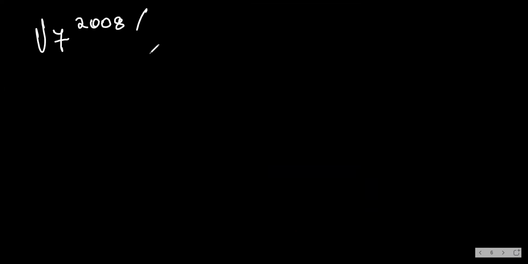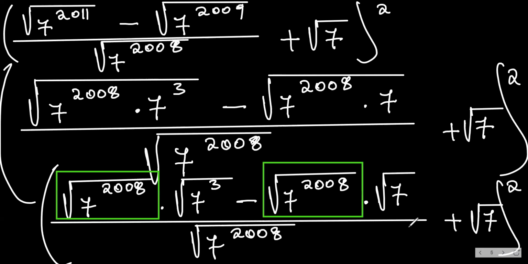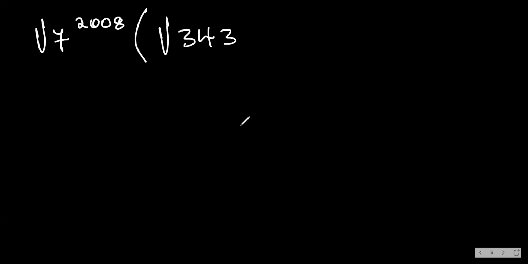And when we take it out, from the first term, we are left with square root 7 cubed. And 7 cubed is actually 343, so we can just write it as 343. And then from this one, we are just left with square root 7.